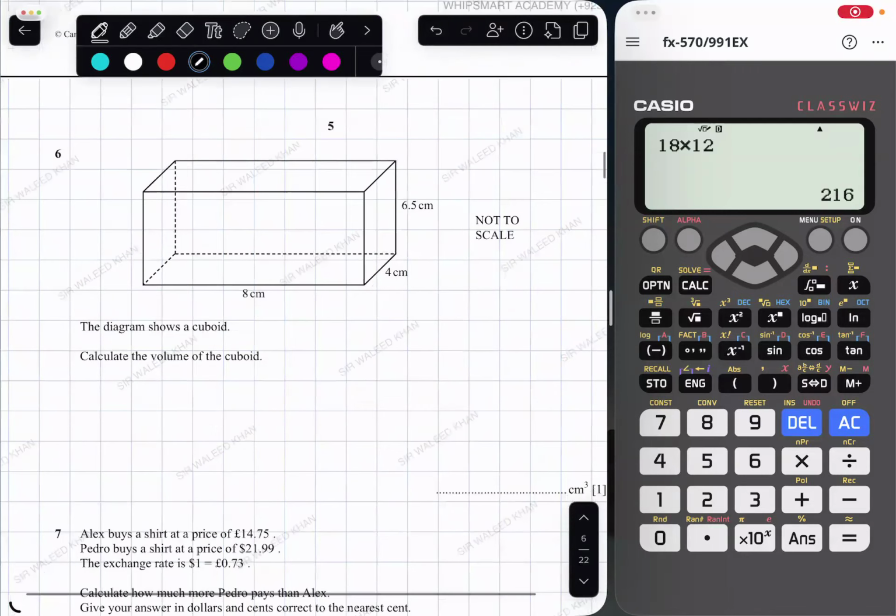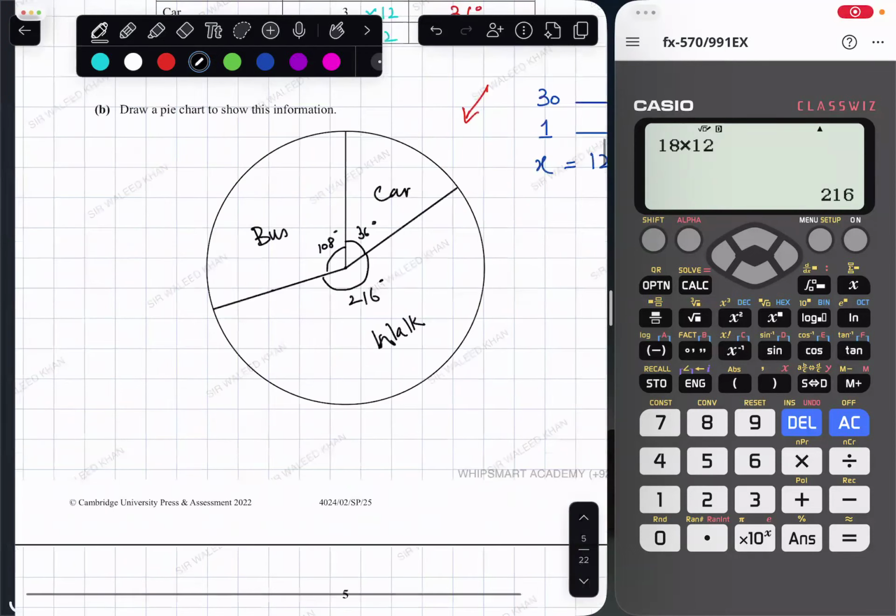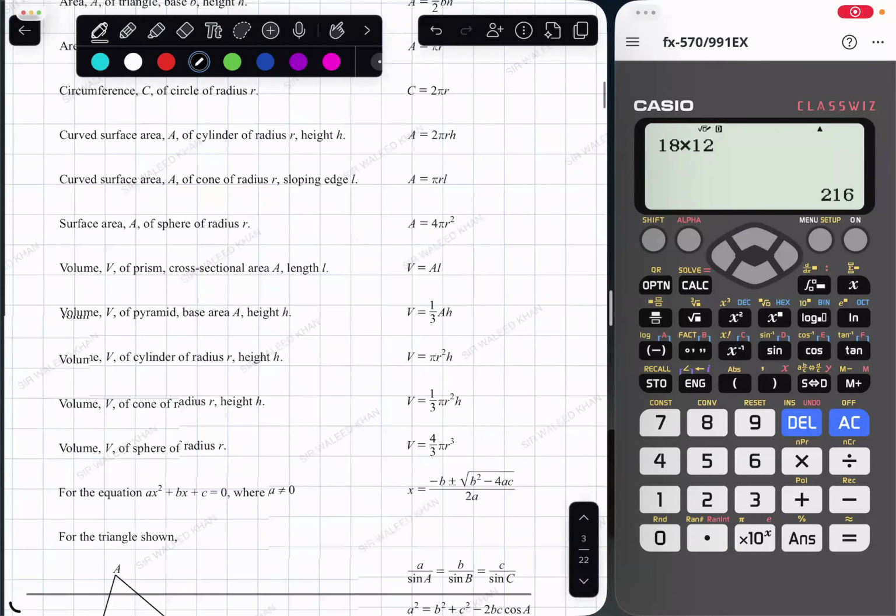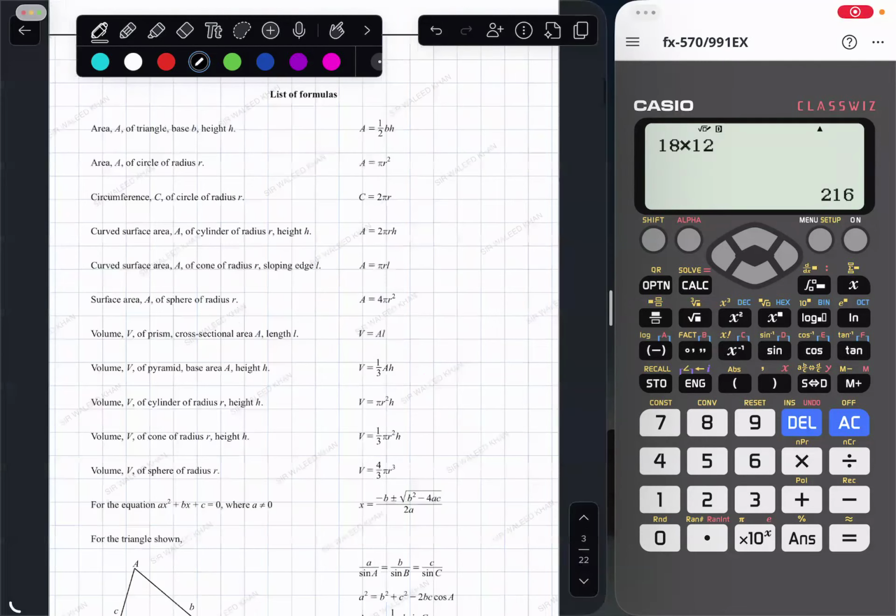Question number 6. The diagram shows a cuboid. Calculate the volume of the cuboid. So the volume of a cuboid, as we have discussed earlier, don't rely too much on the formula sheet. The formulas are limited. Let me go towards the formula sheet. If you think every formula is given over here, you are wrong about that. Not every formula is given over here.